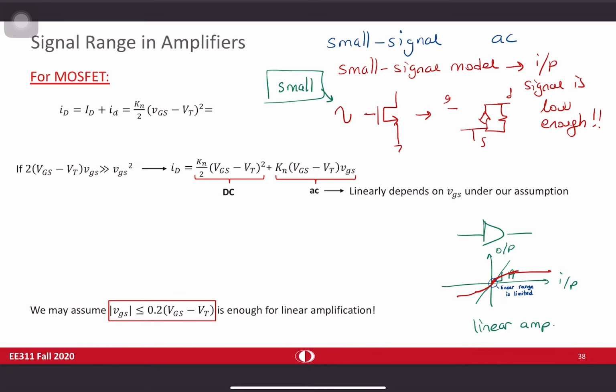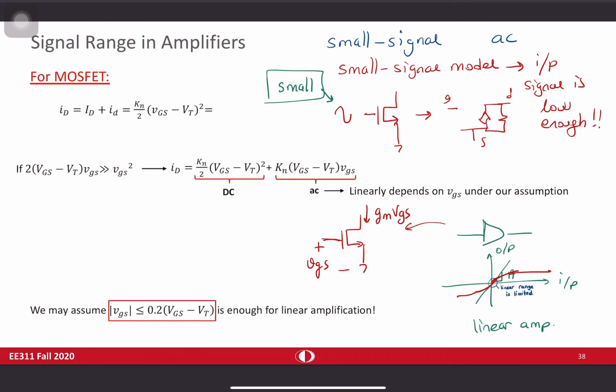The same story can be applied to MOSFET. Think about a MOSFET. I keep telling you that a MOSFET is a transconductance amplifier, which means that if you have some VGS as the input, output is gm VGS. MOSFET is a transconductance amplifier. Input is voltage, output is the drain current.